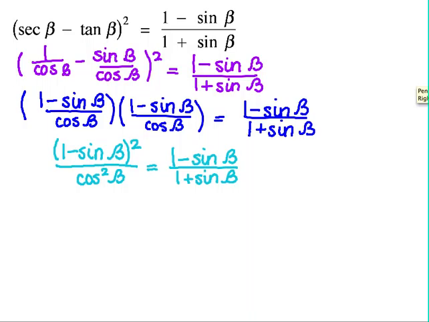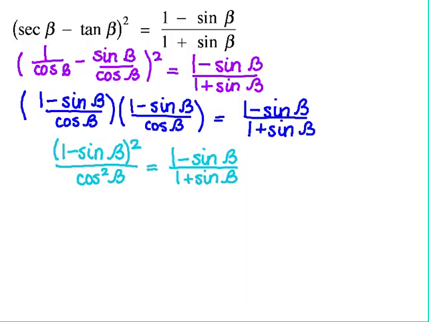So now, when I look at that problem, I think about a song that you probably sang in elementary school. One of these things is not like the other. Remember that? One of these things just doesn't belong. So which one doesn't belong? Which one is the odd person out? Cosine squared.